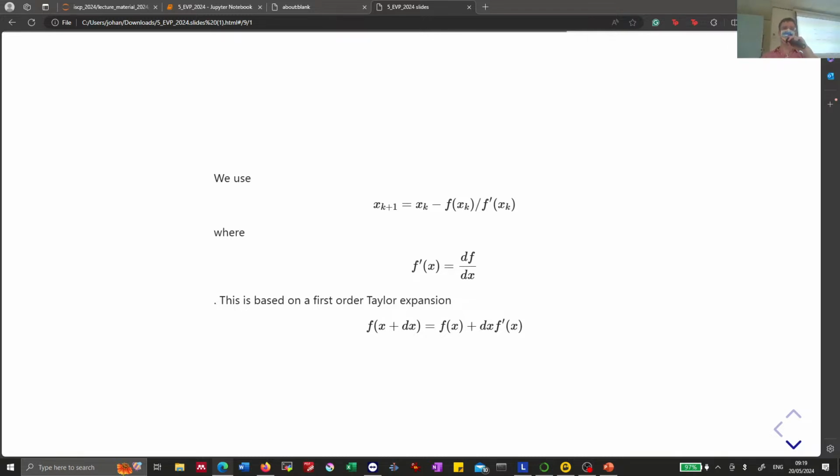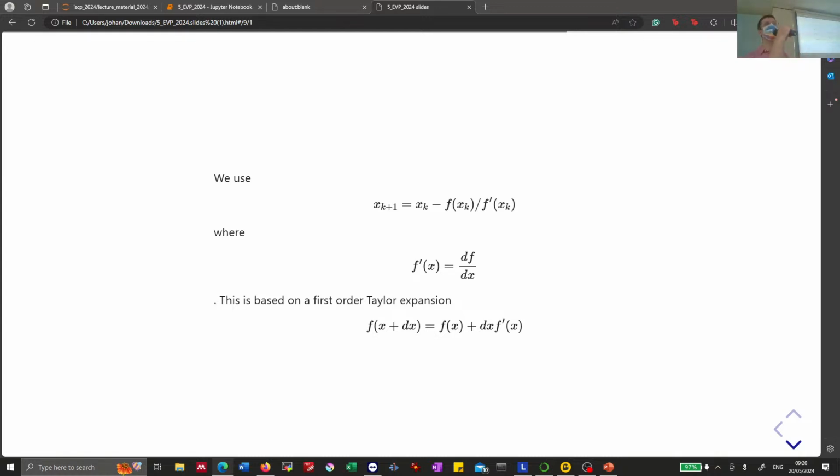For example, look here. The first equation, xk plus 1 equals xk minus f of xk divided by f prime of xk.